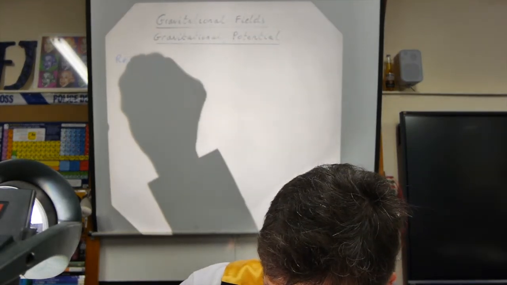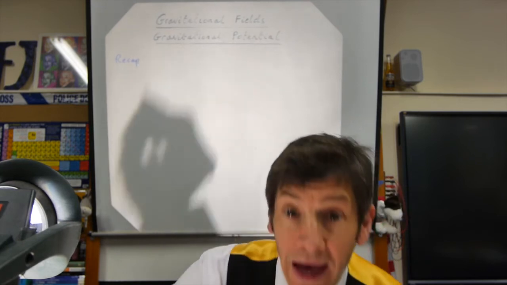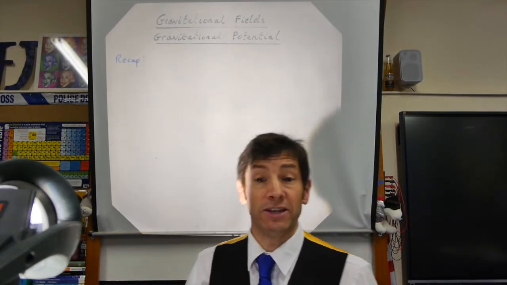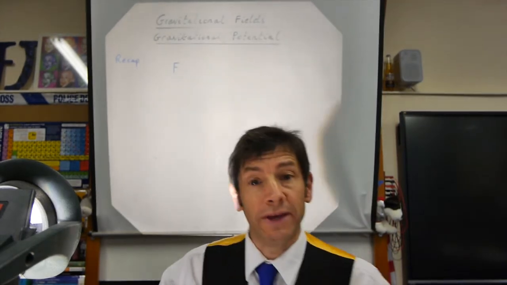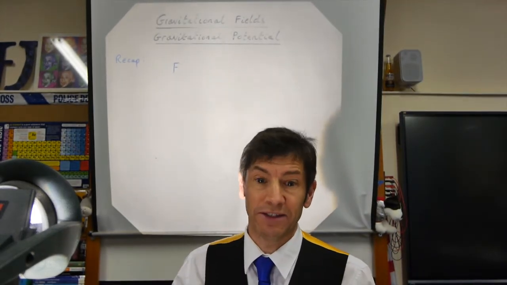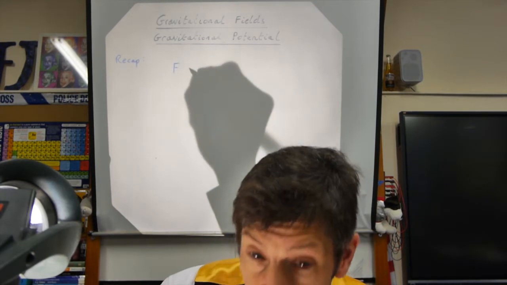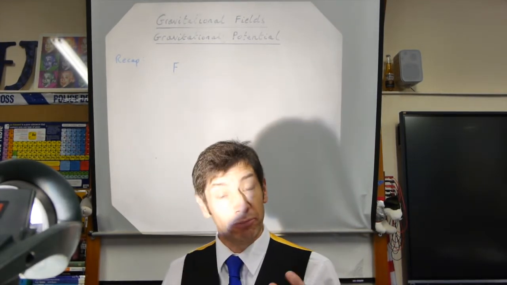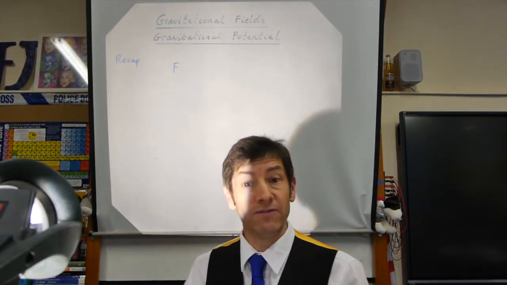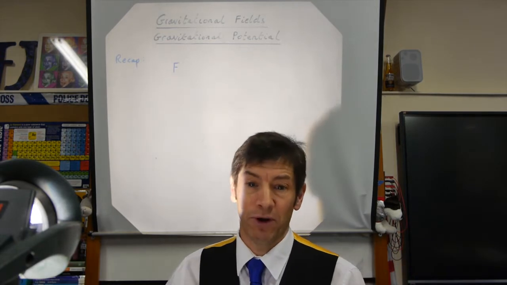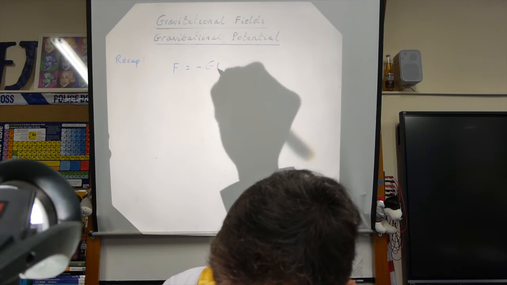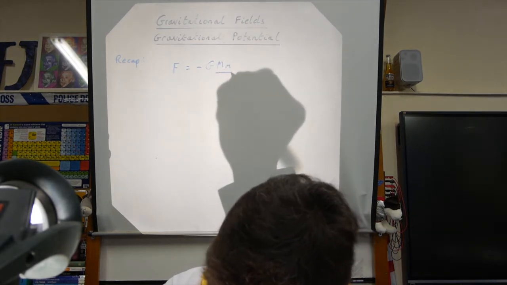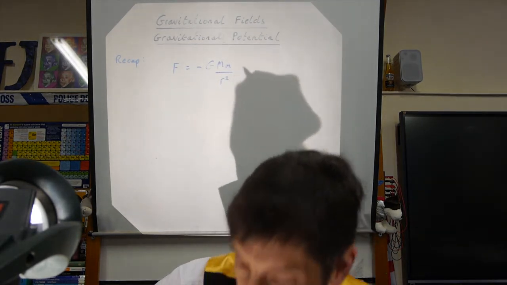So we're going to look at Newton's law of gravitation. Now, if you remember, the force between any two bodies that are attracting each other due to a gravitational field is proportional to the product of their masses and inversely proportional to their separation squared. So we had F equals minus G m upon r squared.